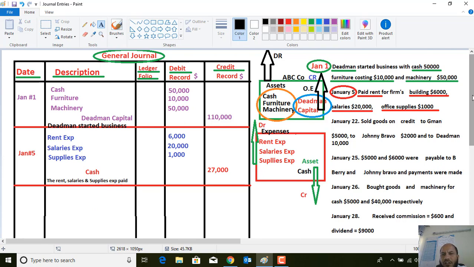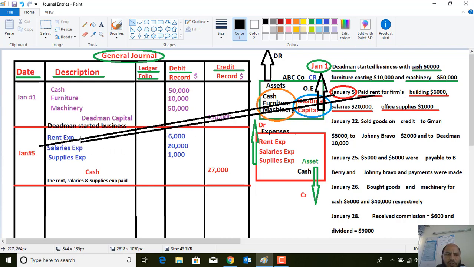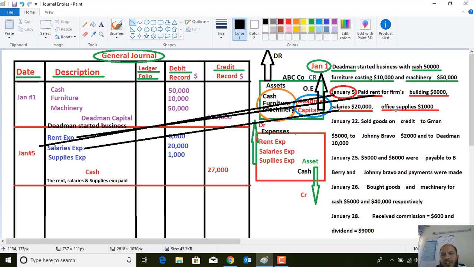Okay, so I hope that you have understood. Again I will explain a bit about this transaction. See, this is January 5, so we have recorded it at the date column. Good. What happened? The business paid rent, so rent expenses occurred. So we have recorded rent expenses at the description column. And we also paid salaries, so we have recorded salary expenses.